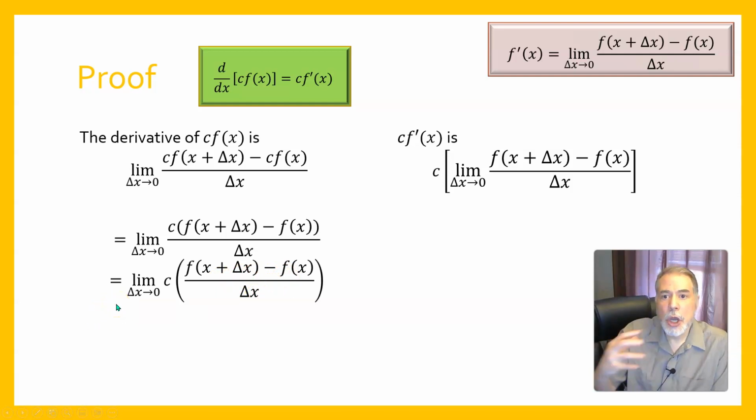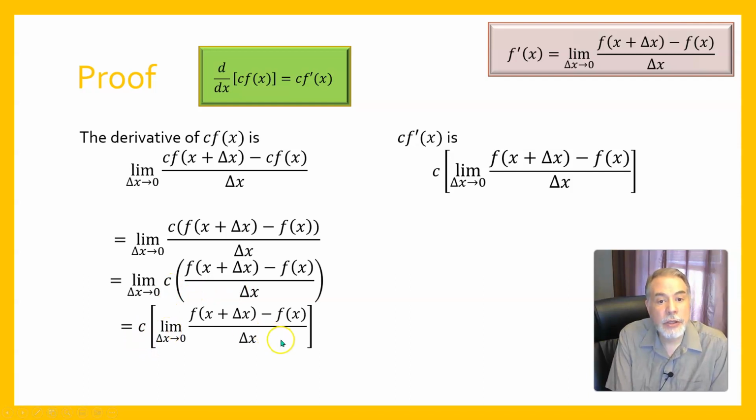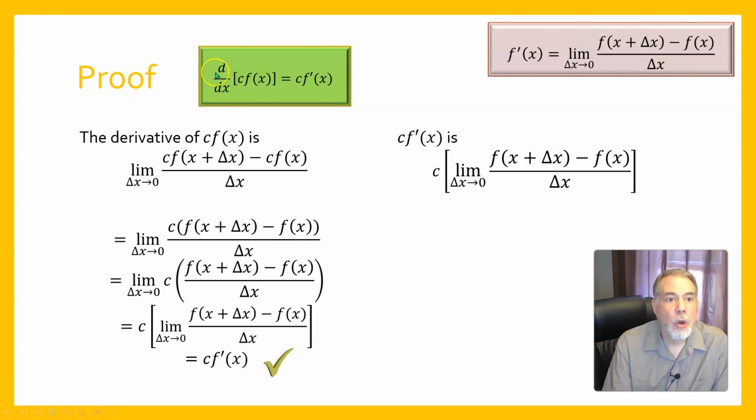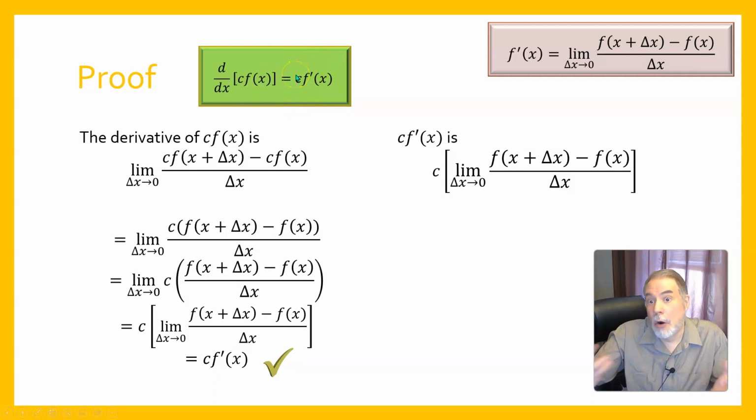And then, if you remember the limit laws that I showed you in my video about limits, the limit of a constant times a function is the constant times the limit of the function. But that is, by definition, c times the derivative of f of x. That is c times f prime of x. So that completes the proof. In this case, at least, the proof is just a straightforward matter of showing that what the definition says this is and what the definition says this is are equivalent.